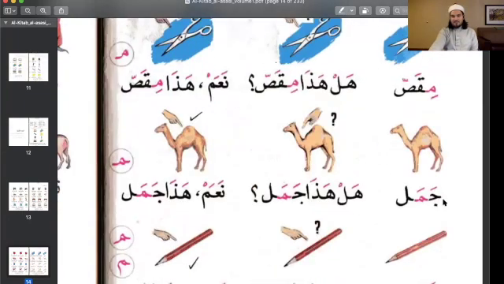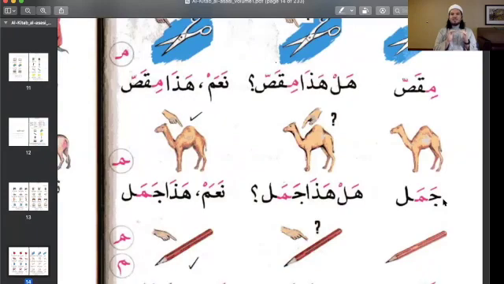Jamal. Do it right. جمل. هل هذا جمل؟ نعم هذا جمل. When teaching, I'll be teaching with a Fusha accent. In Syria and the Sham region, you'll hear a different j sound.